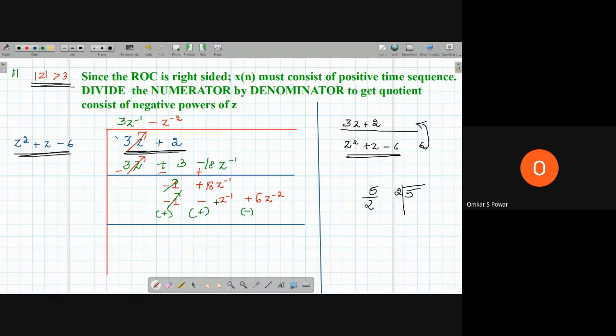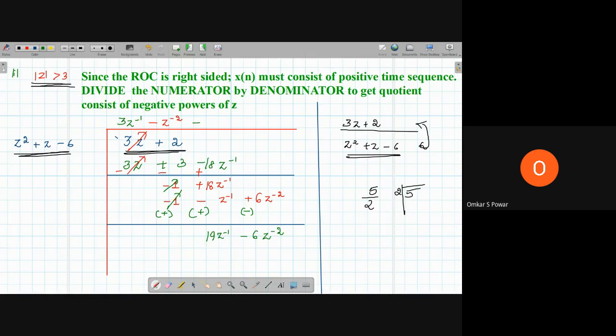So 18z⁻¹ plus z⁻¹ is 19z⁻¹, and this one is −6z⁻². Now what you have to multiply to get plus 19z⁻¹?